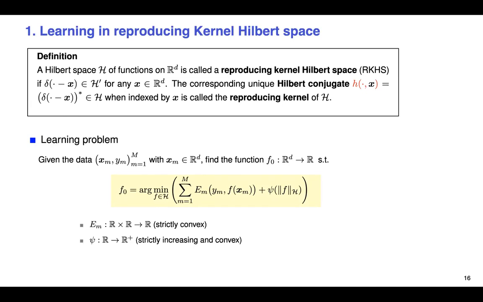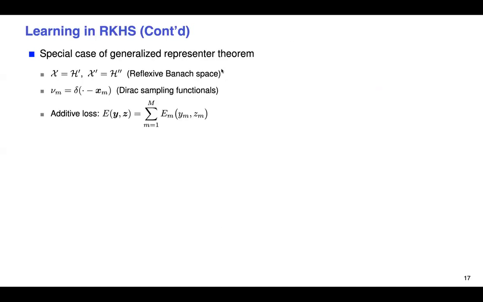And what does our theorem tell us here? First of all, it's a special case because we can take X equal to H prime, which is the conjugate of the Hilbert space. X prime is H double prime, which is actually equal to H because we're reflexive. Now the nu n here are just Diracs because we're taking samples at the data points.